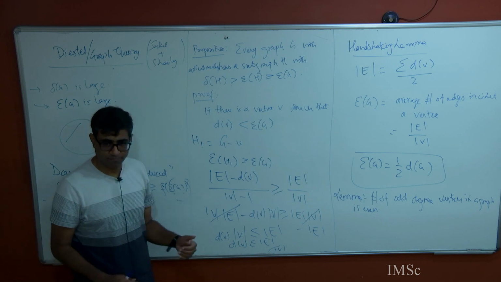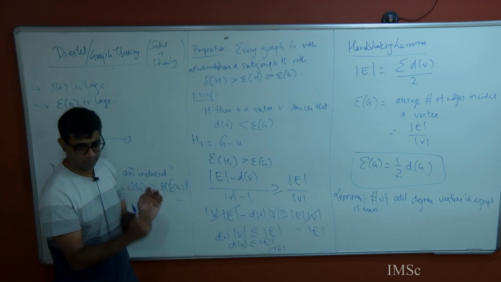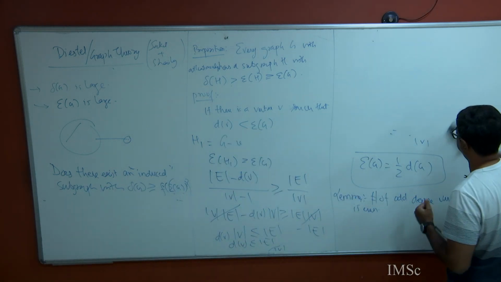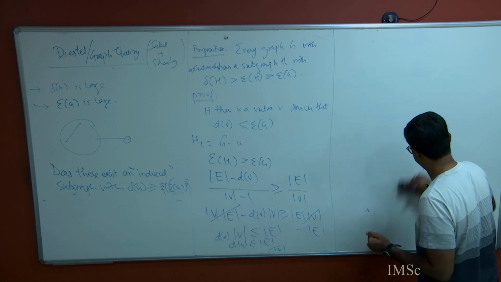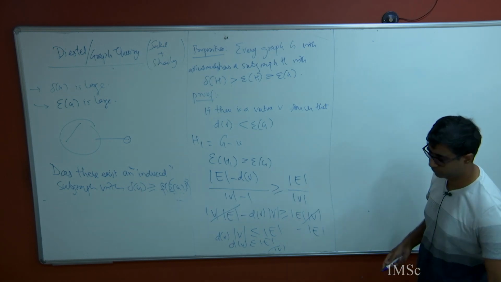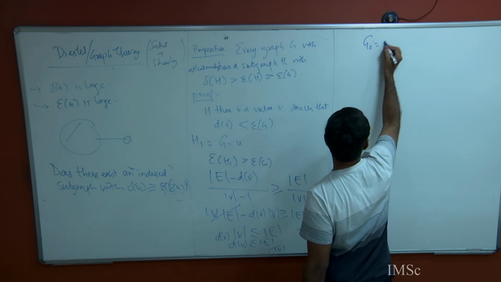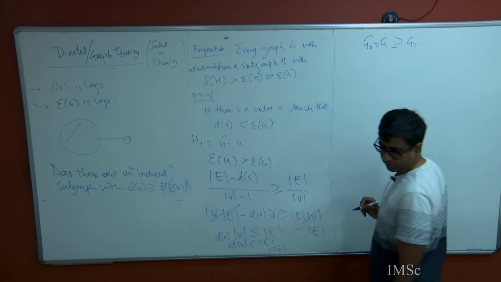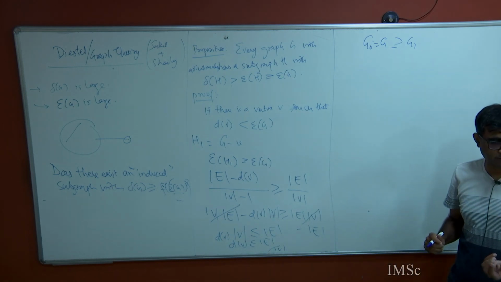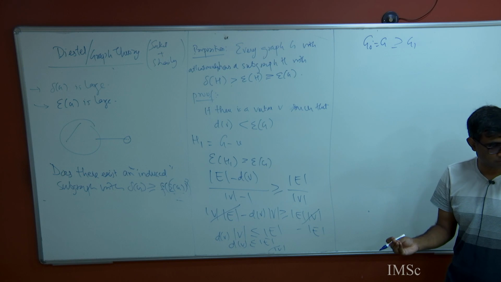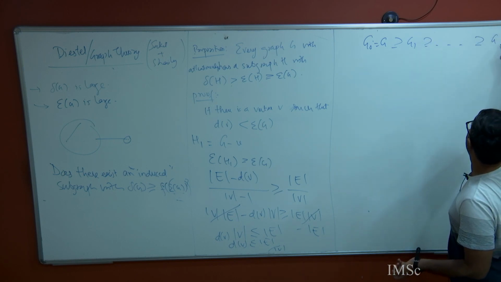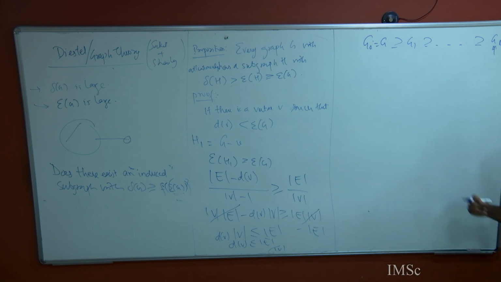Okay, so this is what I'm doing. At every stage I'm going to get a sequence of graphs. So I should construct a sequence of graphs. G0 is G. Then I get G1 by deleting a vertex of degree strictly less than epsilon G. Suppose I stop at some graph GL; this is what my H will be.